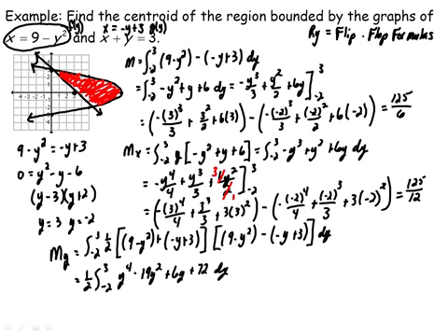All right, let's integrate. So we're going to have 1/2 times y to the 5th over 5 minus 19y to the 3rd over 3 plus 6y squared over 2, and of course that's going to reduce, plus 72y. And we're going to integrate from negative 2 to 3.